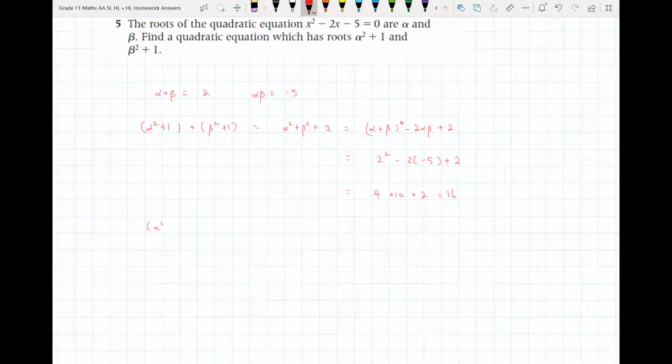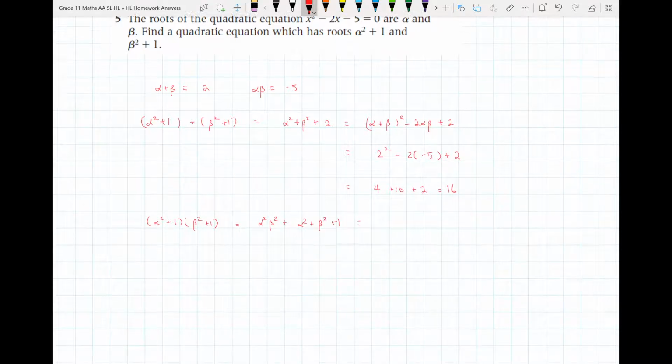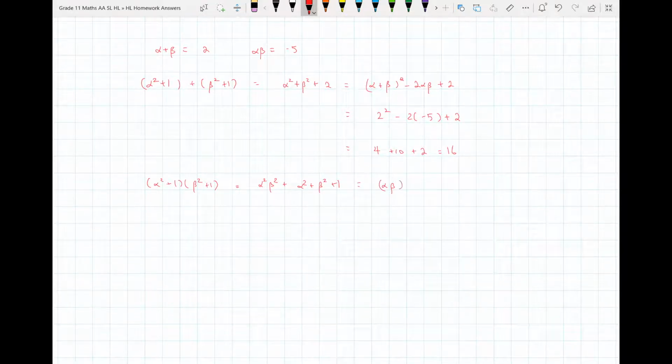And for the product, so I can write it like this. And sum of squares as this. And let's substitute.